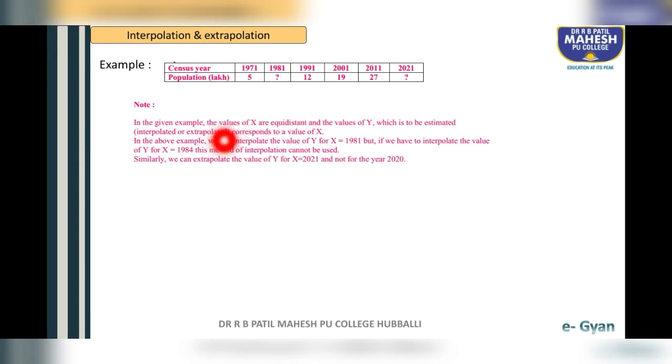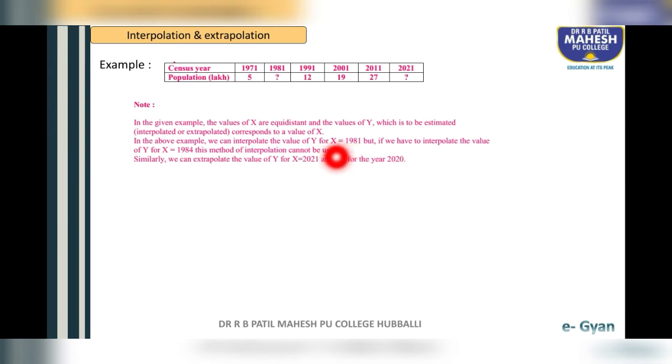So in the given example, the values of x are equidistant and the value of y, which is to be estimated, interpolated or extrapolated, corresponds to a value of x. For example, in the above example, we can interpolate the value of y for x equal to 1981.